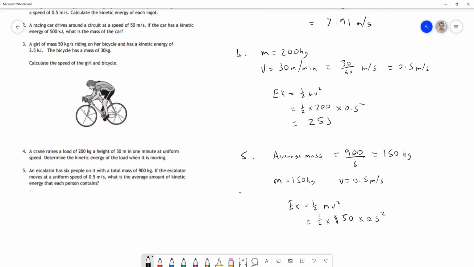A half times 150 times 0.5 squared, and again calculate this, and it gives us an answer of 18.75 joules. And that concludes the questions on kinetic energy from the course.